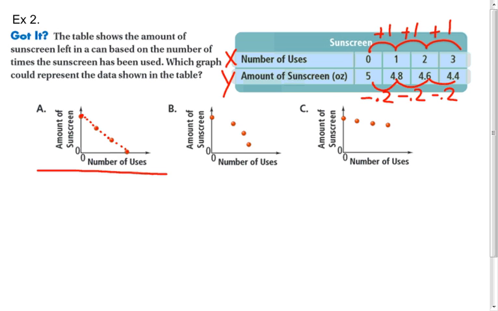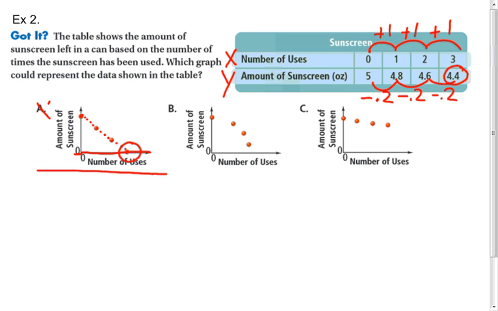But where does part A end up? Look at where the amount of sunscreen ends up. See how this line has a 0 next to it? If you go all the way down to the axis, that means that you have 0. At the end of the problem that we have in the table, is the amount of sunscreen equal to 0? No. At the end of our table, the amount of sunscreen is 4.4, not 0.